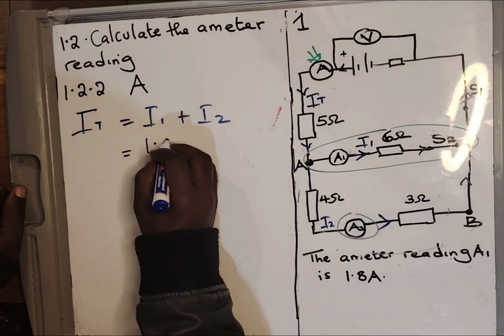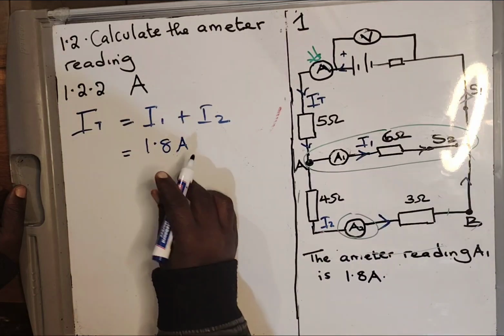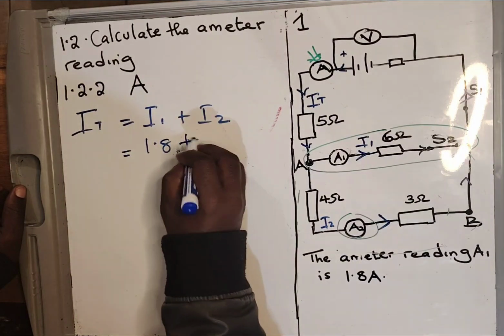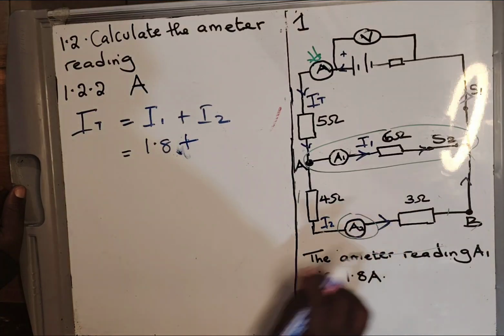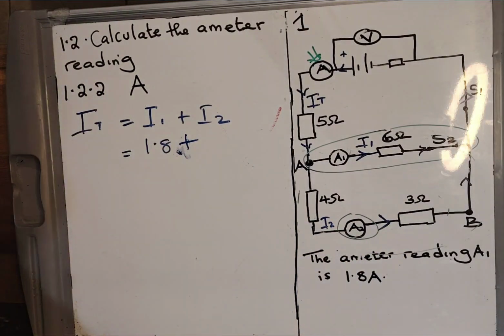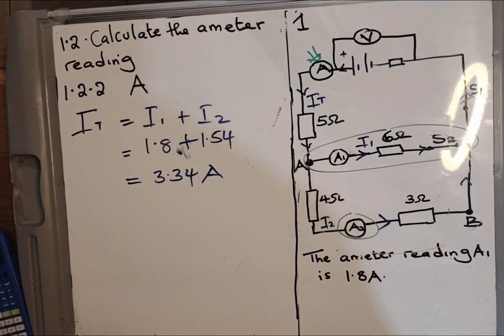It is 1.8 ampere. For I2, we have just calculated it. Let me recall what we got for I2.